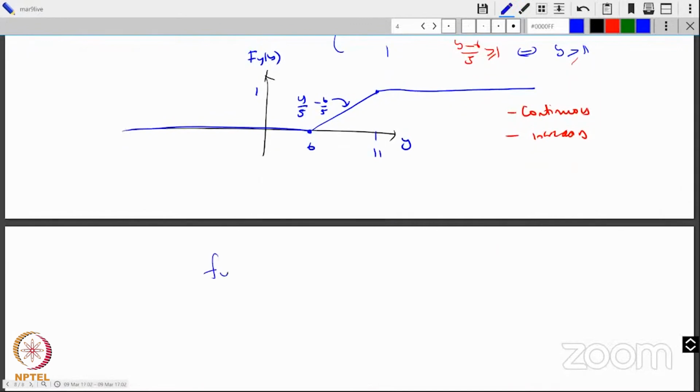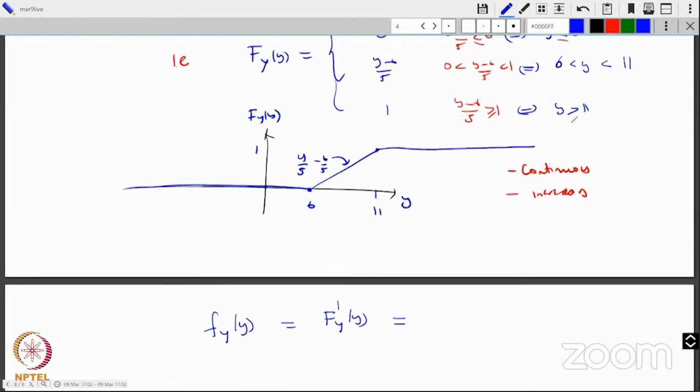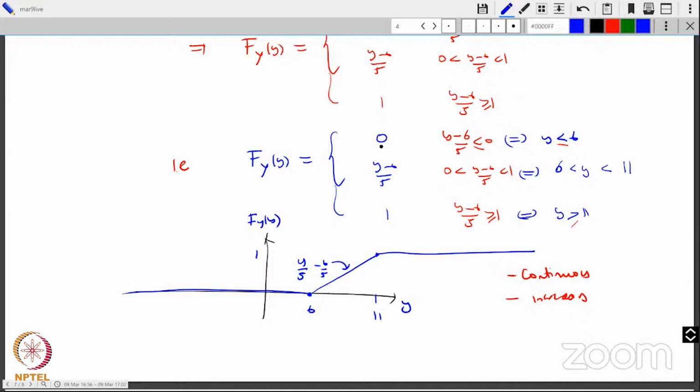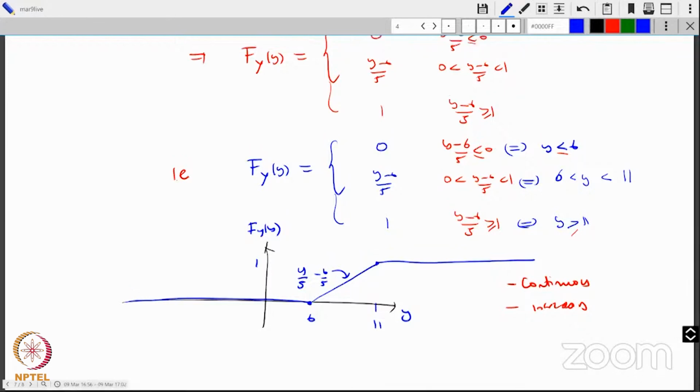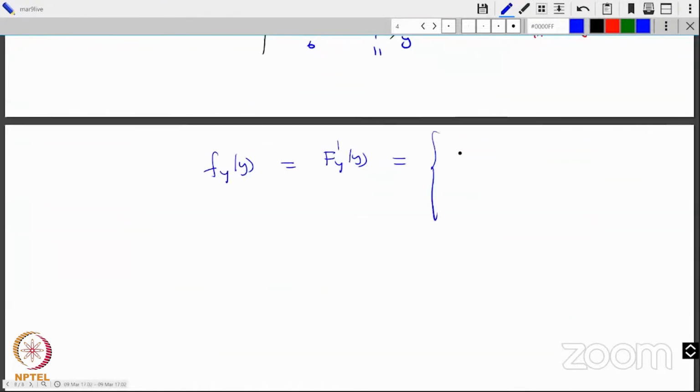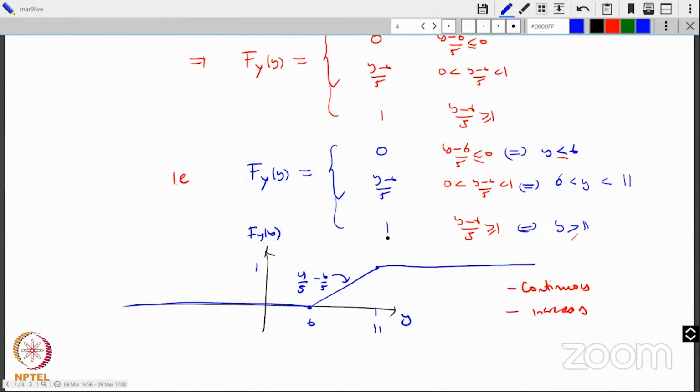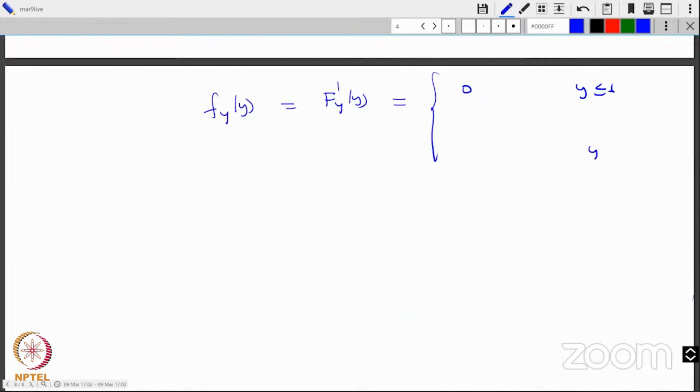So you look at f sub Y at y, which is just the derivative of F. What's that going to be? The derivative of this function is 0 for y less than or equal to 6, since it's a constant function. And above 11 it's also a constant function, 1, so the derivative is 0. So y bigger than 11 is also 0.